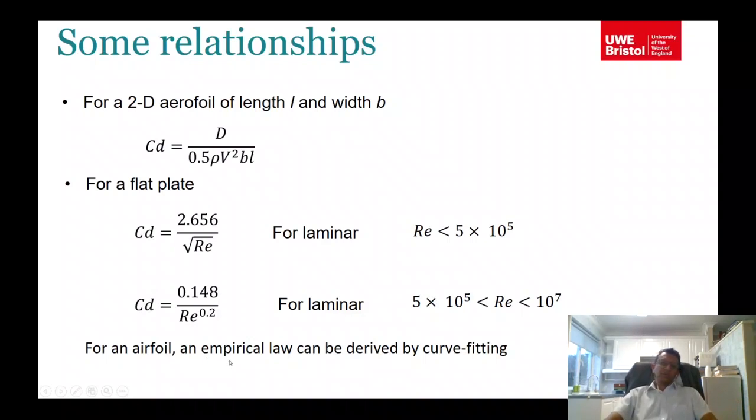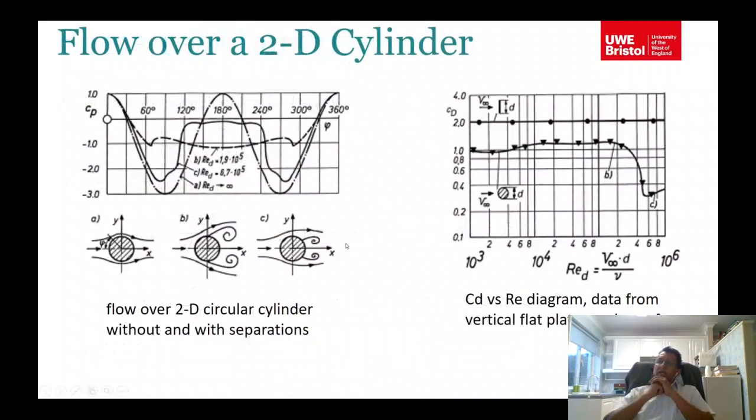So for an aerofoil, you can define an empirical formula by curve fitting. And these are some figures where you have CP values against different angles. This is the flow over a 2D cylinder without and with separation. Now this is without separation. This is with separation.